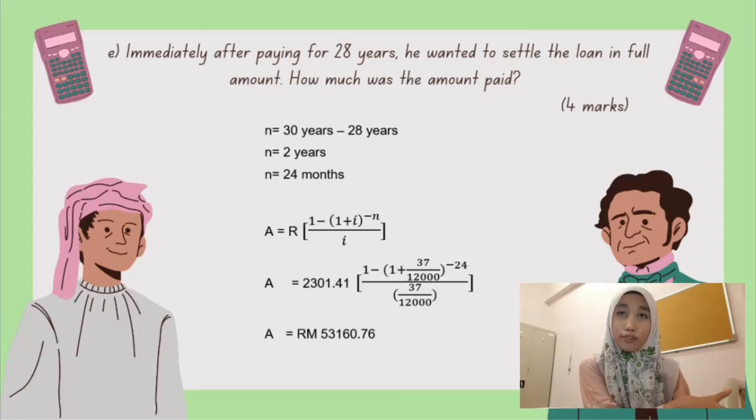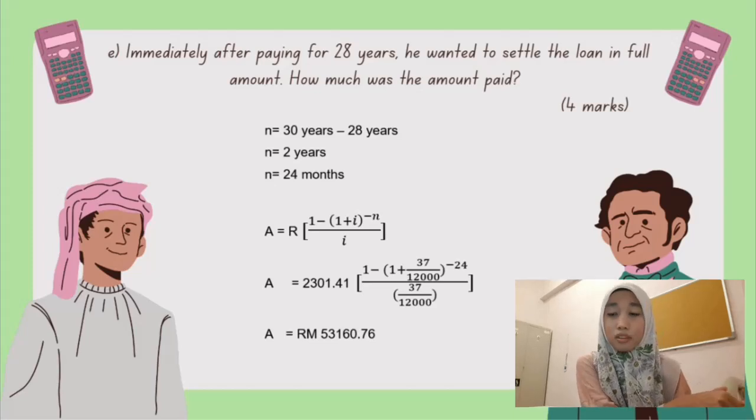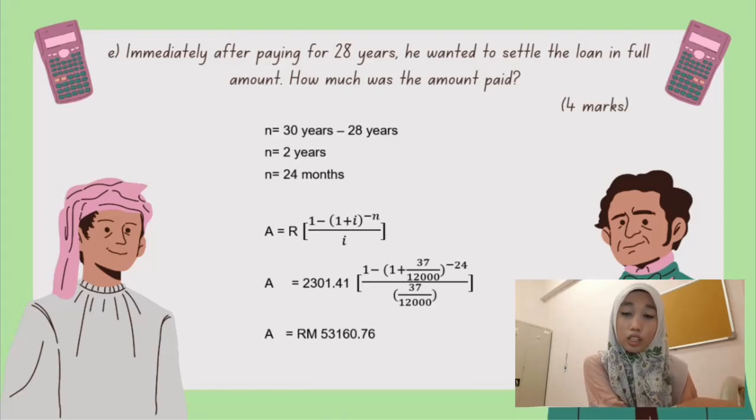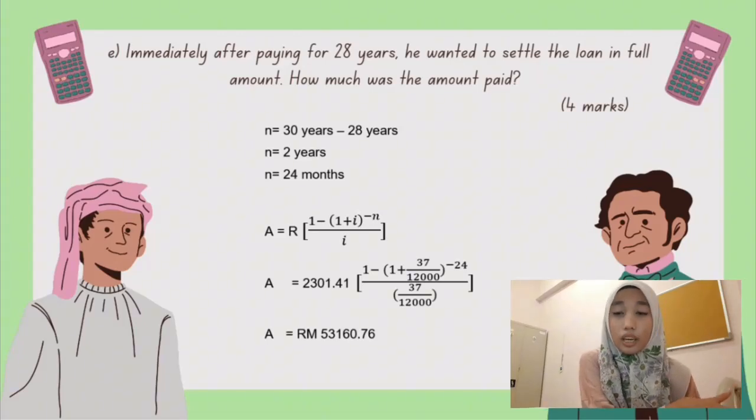Question 2E. Immediately after paying for 28 years, he wanted to settle the loan in full amount. How much was the amount paid? So the formula that should be used in this question is A equals R times 1 minus bracket 1 plus I to the power of negative n, over I. Here I'm going to use the new value of n, which is 24 months.